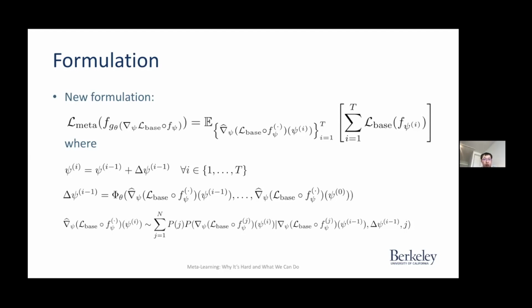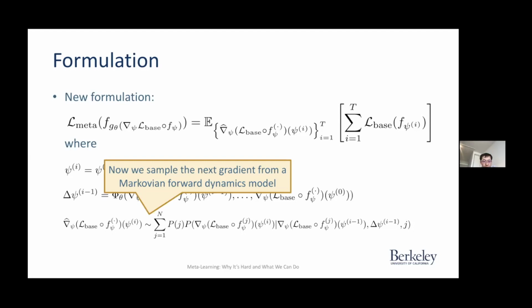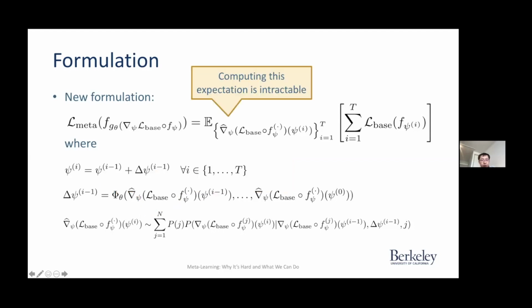Okay. Cool. So this is sampling from the forward dynamics model. This is essentially the forward dynamics model that we have. Now there's an issue: computing this expectation is intractable. Think about how many trajectories we can actually have.